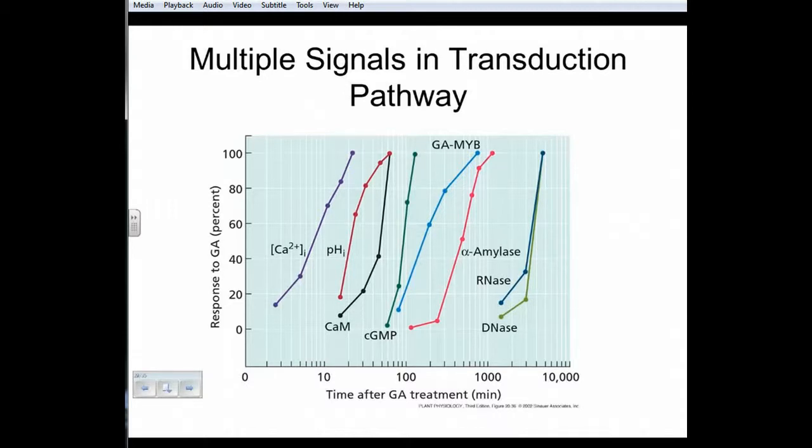Remember from week 2 or 3, gibberellic acid, when we talked about gene regulation. So again, you have all these things that are happening in sequence before anything else is going to happen. And then you actually have a breakdown later on, but it takes a while to get that gibberellic acid.